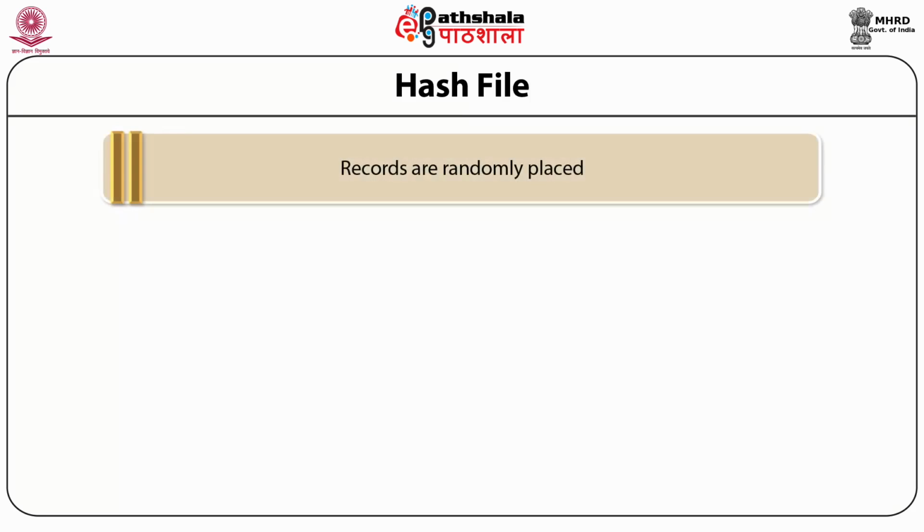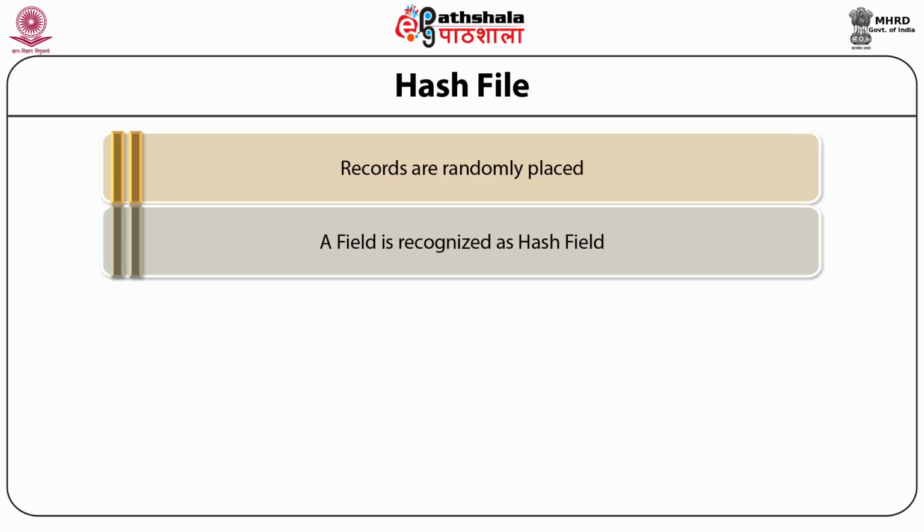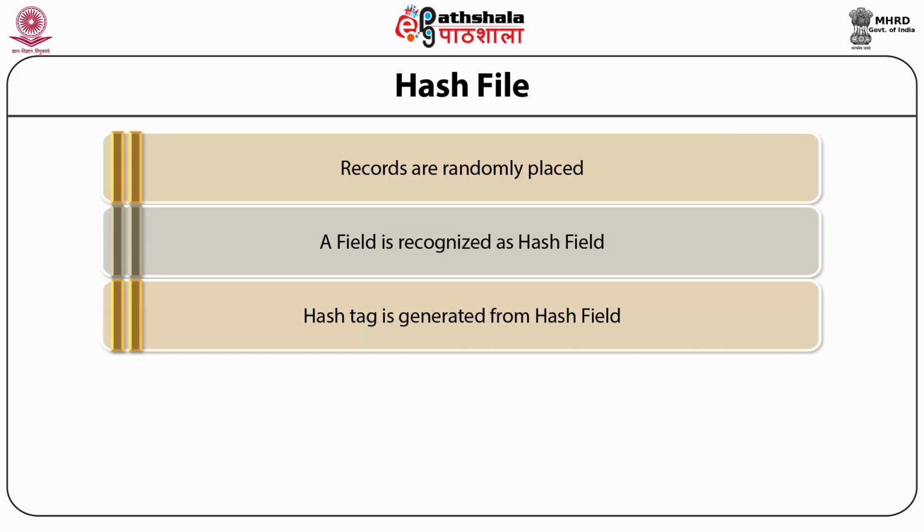Here, the records are placed randomly over the storage medium. A field is recognized as the hash field among all the fields, and a hash tag is generated from the hash field. Once you recognize the hash field, the system performs a calculation and generates a tag which is known as hash tag.